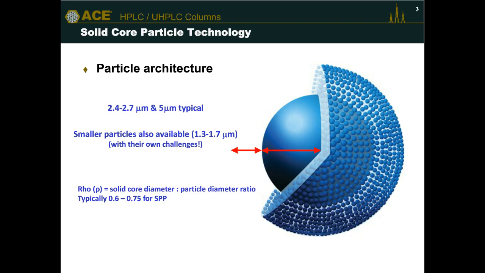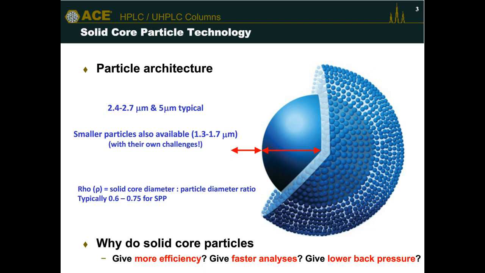And that's important because you'll see from different vendors, they have different ratios of core to coating, and therefore you might get different loadability in terms of the surface area is different, and also scalability of that sort of particle. So why does this type of architecture give us more efficiency, faster run times, and lower back pressure? So hopefully we'll answer some of those questions.